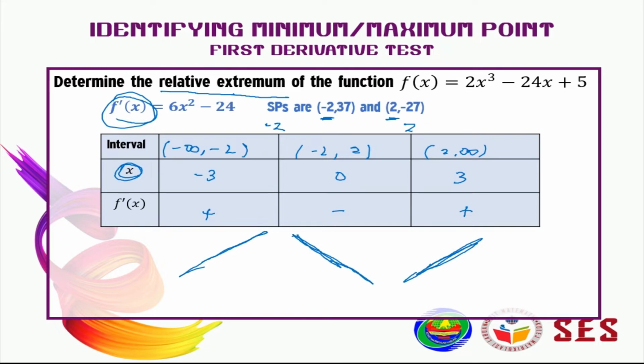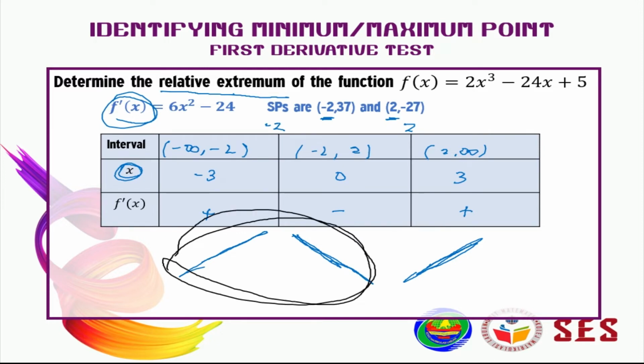All right, so let's take a look at this first one you have over here. What does this line look like? Is it a maximum or a minimum? Yes, it is a maximum. It's over here. So which means that your (-2, 37) is going to be a relative maximum.